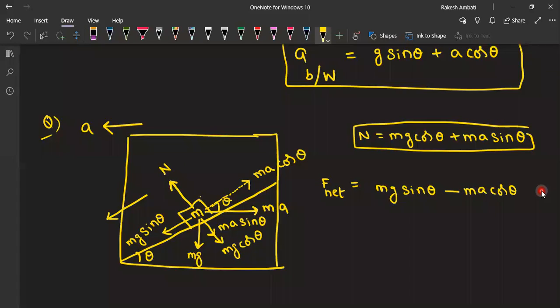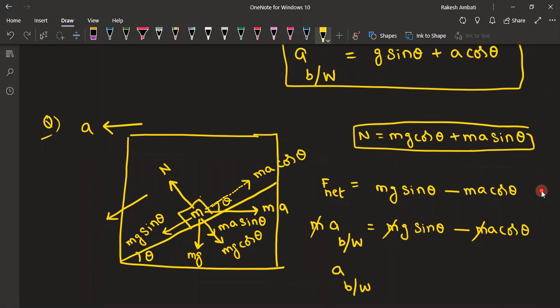A resultant force means mass into acceleration, but acceleration of the block with respect to wedge. So acceleration of the block with respect to wedge equal to mg sin theta minus ma cos theta. So here on both sides m value cancels. Therefore acceleration of the block with respect to wedge equal to g sin theta minus a cos theta.